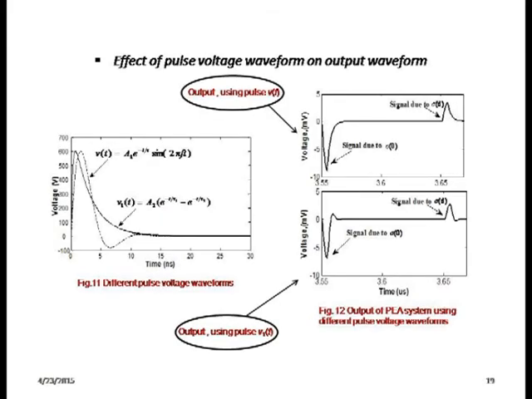So these are all the simulation results for the effects of different parameters. For example, this is due to differences in the pulse voltage we are applying, that is the probing voltage. Though it is 3 nanoseconds, it may have some overshoot like this, and some further overshoot like this, and that may cause different types of charge profiles.